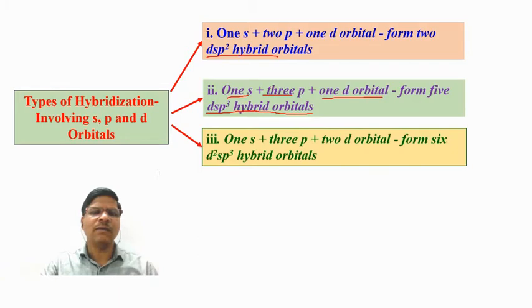Then the next type: 1s, 3p, 2d orbitals. We get 6 d2sp3 hybrid orbitals.